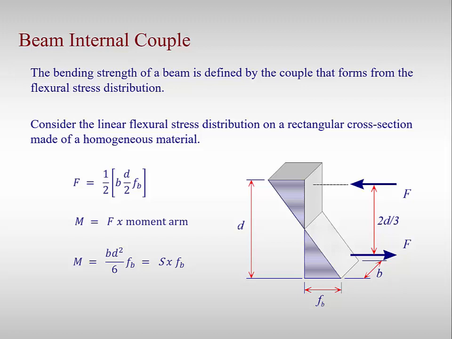The internal moment strength is therefore given by the extreme fiber bending stress times the elastic section modulus. Values for the elastic section moduli are given in the section tables for both the x and y axes for all rolled sections, even though not all the rolled sections are appropriate as bending members.